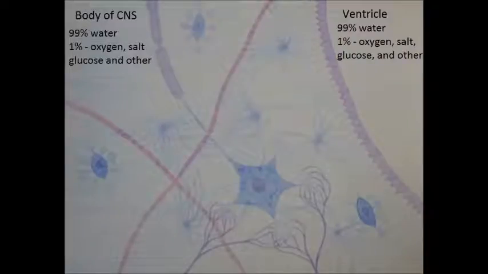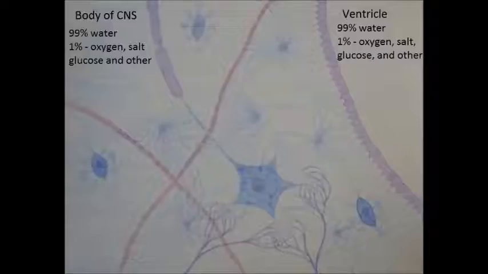It's like soft jelly, and it is 90% water, and the fluid in it is 99% water. So here within the brain you have the fluid 99% water, salt, oxygen, glucose, and that's feeding these cells.